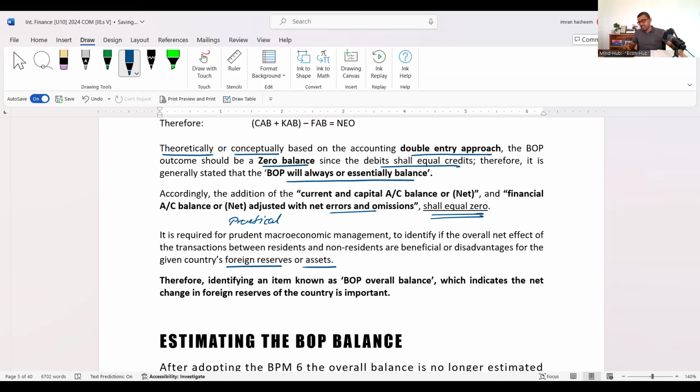So what happens is, when we have a gap between the foreign currency inflow and the foreign currency outflow, and if the outflows are more than the inflows, for example, with all the errors, omissions, everything we can do, practically we will have a shortage there.